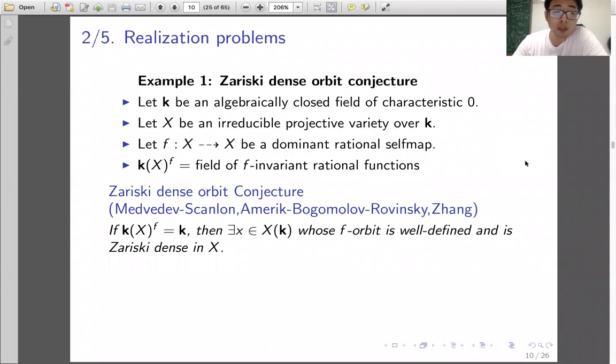And then the Zariski dense orbit conjecture was proposed by Medvedev, Scanlon, Amerik, Bogomolov, Rovinsky, and by Zhang.